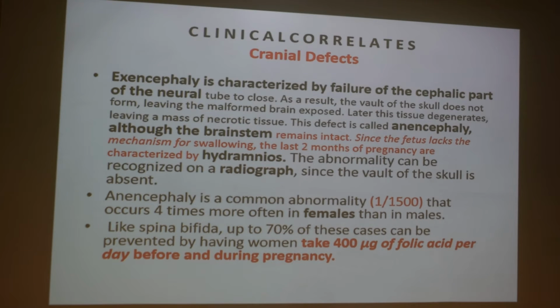Then we come to the abnormality called exencephaly, which is characterized by failure of the cephalic part of the neural tube to close. This results in the vault of the skull not being formed. If the vault of the skull is not formed, the brain tissue is exposed to the exterior, and as a result it starts to degenerate.